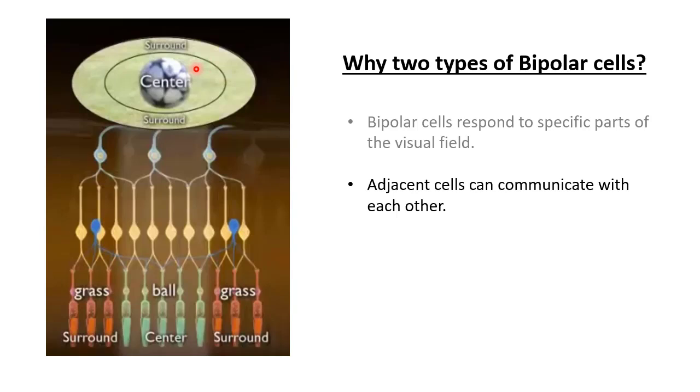Well, one option would be that I could have neurons just detect when something is dark, right? And that would mean I would do a great job of detecting this, but they would be firing to the degree of darkness here, and that gives us poorer information. So instead, we give two different types of bipolar cells different jobs, where one is responsible for saying this is lighter than that, and the other one's responsible for saying this is darker than that.